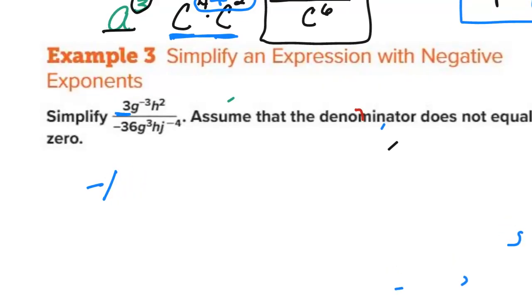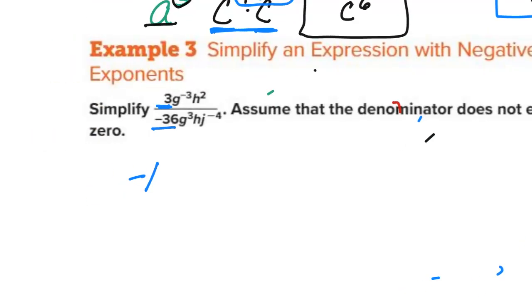No. 3 divided by negative 36. All right. So this is where you have to say if the top number is smaller in value than the bottom number, and I'm not talking about because it's negative on the bottom, but 36 is a bigger number than 3, you have to ask yourself what number is the largest number that divides into both of them, 3 and 36.